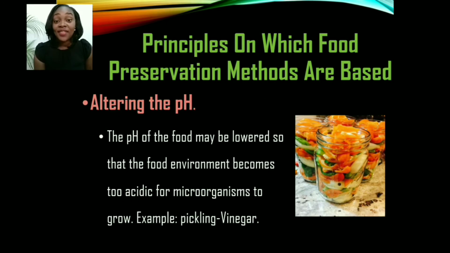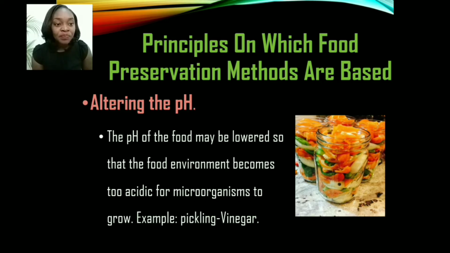Good? The next principle that we'll be looking at is altering the pH, right? And when we speak of pH, for those of you who have a background in science, what are we speaking of? Now, the pH of food may be lowered so that the food environment becomes too acidic for microorganisms to grow.